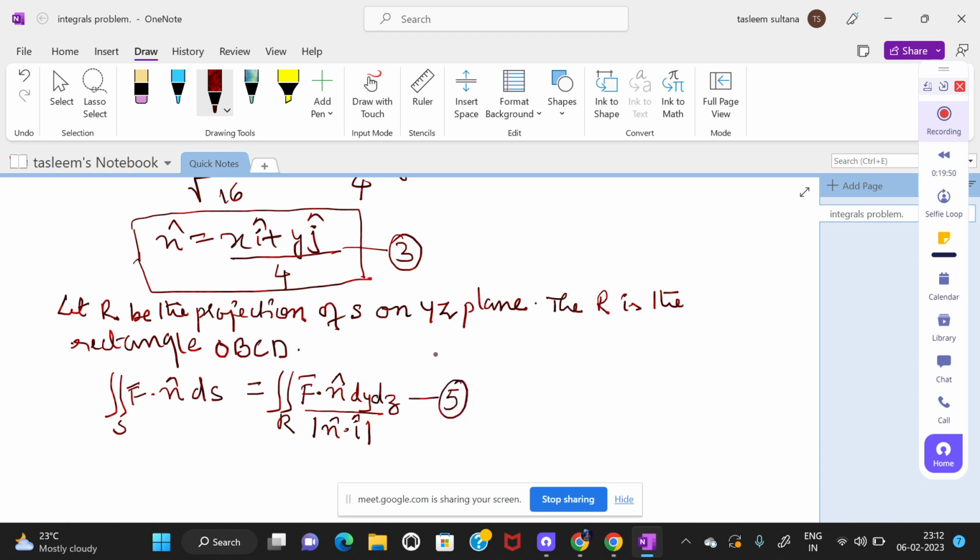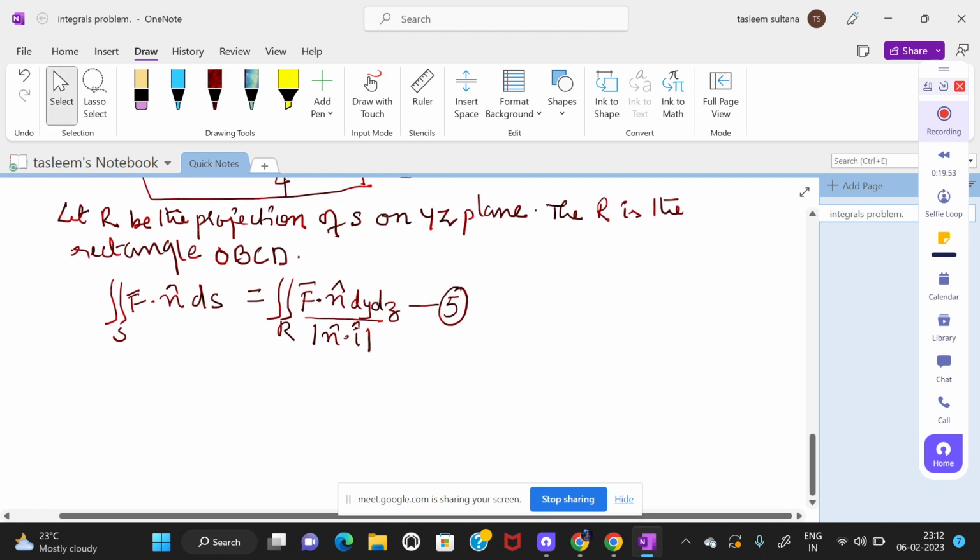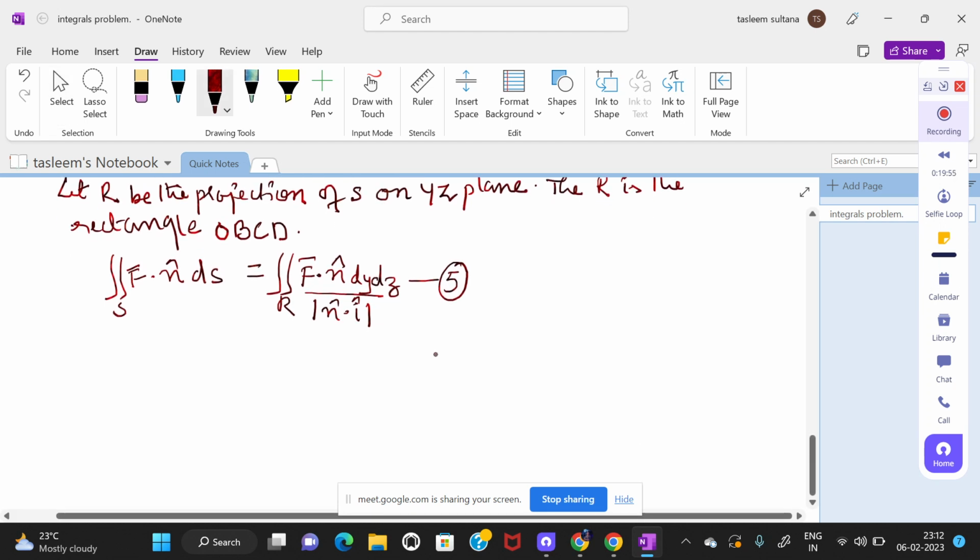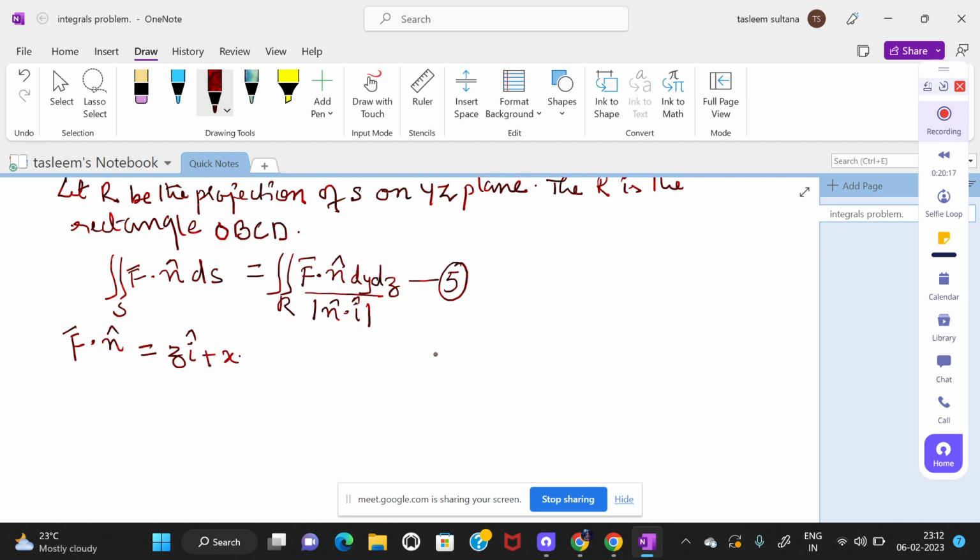Now you find the value of the numerator and the value of the denominator. F vector dot n vector is equal to, what is your F vector? Aditya, just say what is it. xz i vector plus x j vector minus 3y square z k vector, right?